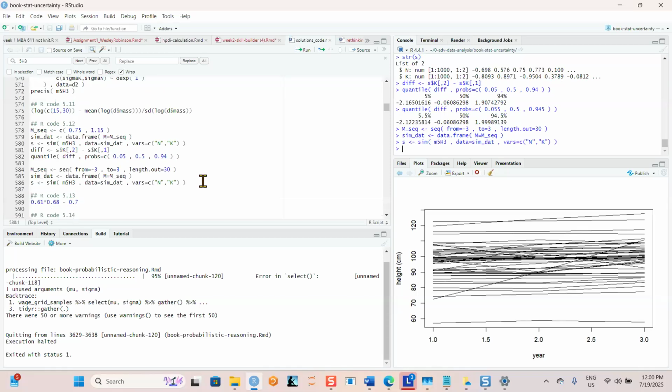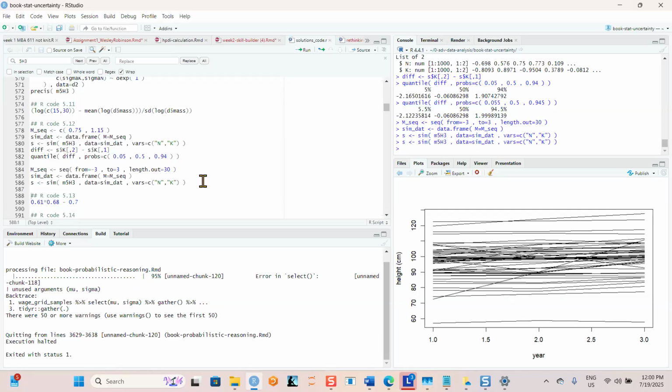Okay. And what do we get now? And now we can process this and get lots of quantiles. Yes, we can. Look at all the quantiles we're going to be able to produce.